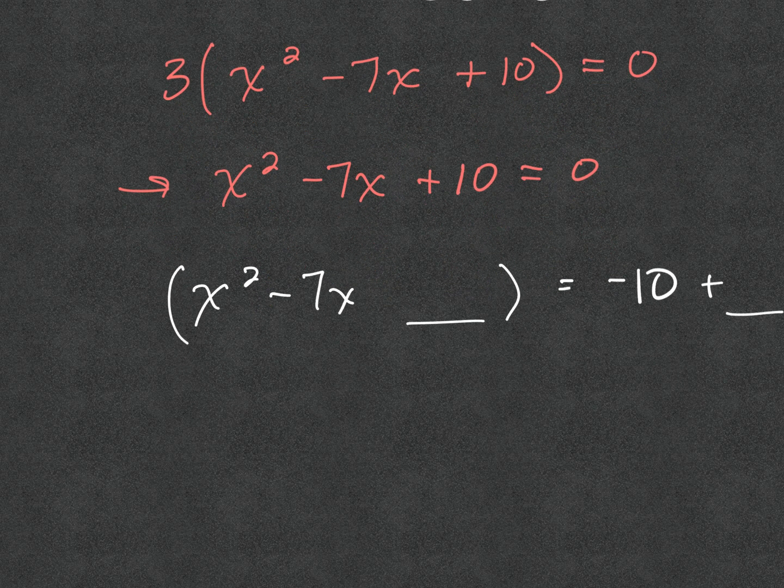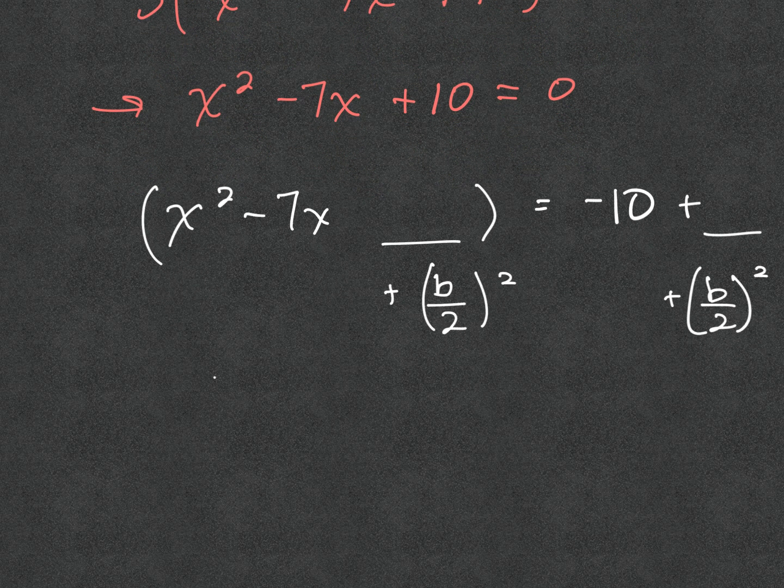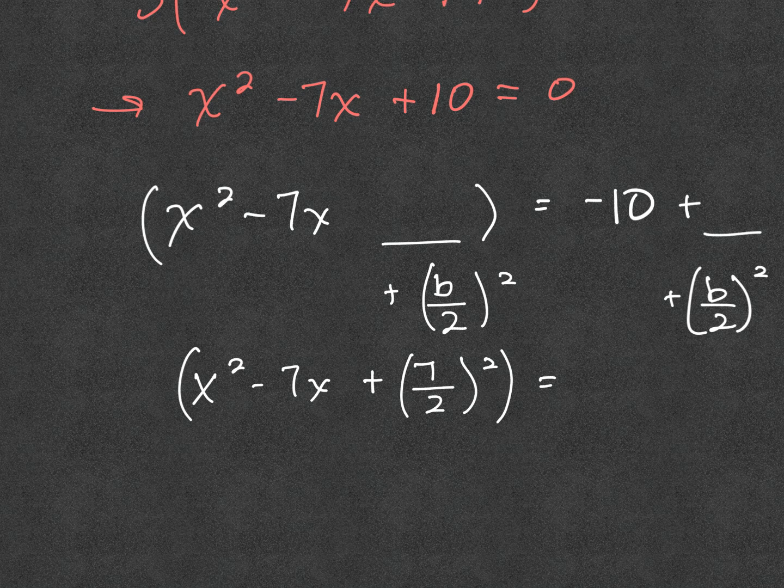What are we going to do? We're going to add b divided by 2 squared to both sides. Okay, so we get x squared minus 7x plus 7 divided by 2 squared equal to negative 10 plus 7 divided by 2 squared.